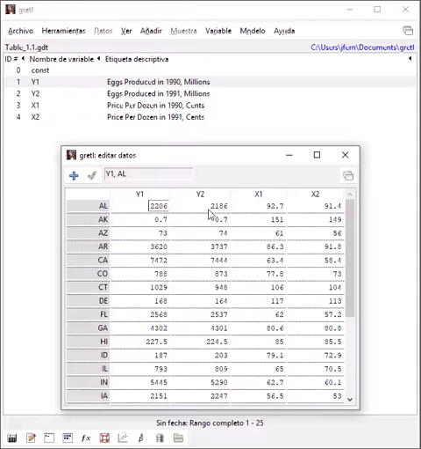Those data may be collected at regular time intervals, such as daily, for example stock prices and weather reports; weekly, for example money supply figures; monthly, for example the unemployment rate and the consumer price index, CPI; or quarterly, for example GDP; annually, for example government budgets; quinquennially, that is every 5 years, for example the census of manufactures; or decennially, that is every 10 years, for example the census of population.